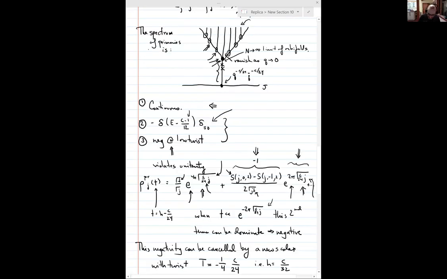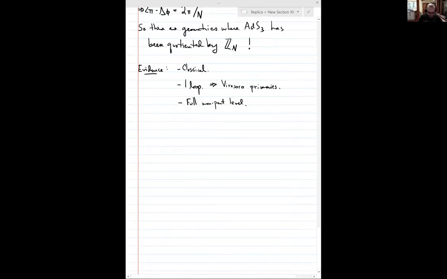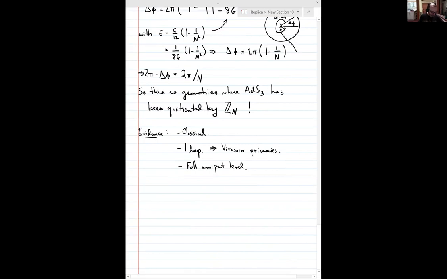So in fact, what happens when you add in these orbifold states and do the full sum over SL2Z is that although you have a plus infinity number of states that accumulate at energy C over 12, you also have minus infinity number of states coming from what you might call the SL2Z instantons, or the sum over SL2Z.